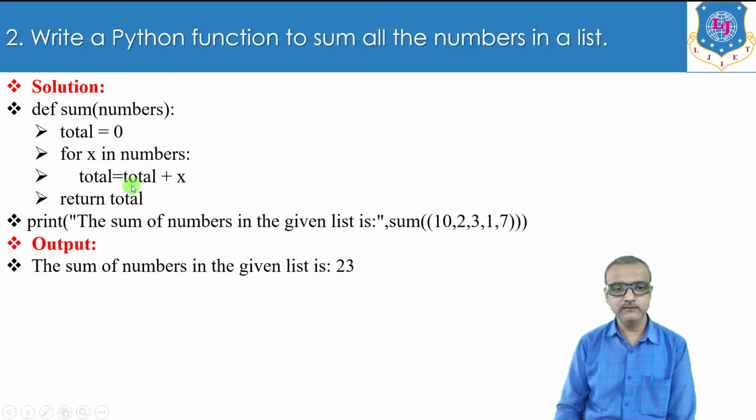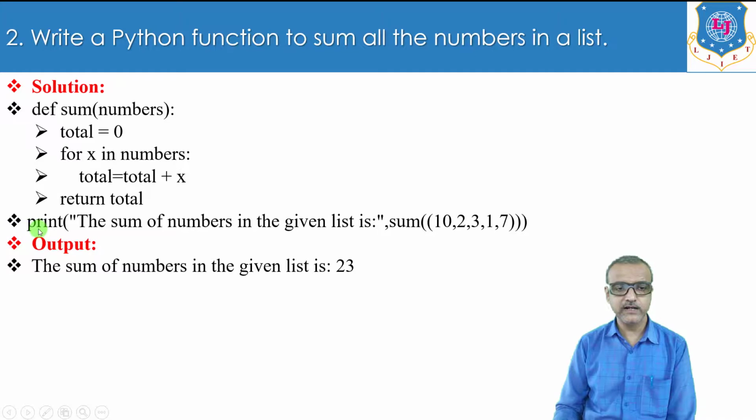Then in the next iteration, we will have the previously calculated value of total, and the next value of x will be added to total, and again that value will be assigned to variable total. This process will be repeated for all x in the list numbers. At last it will return total.